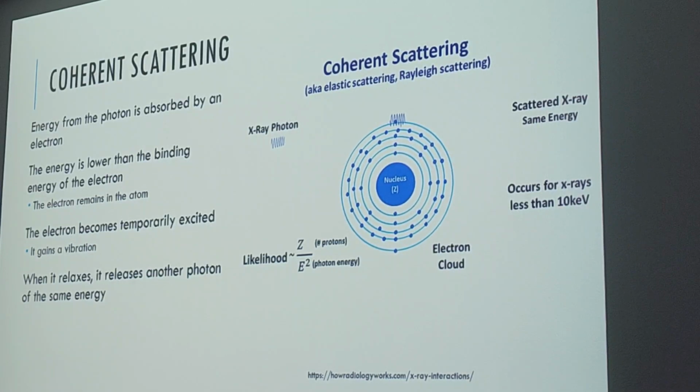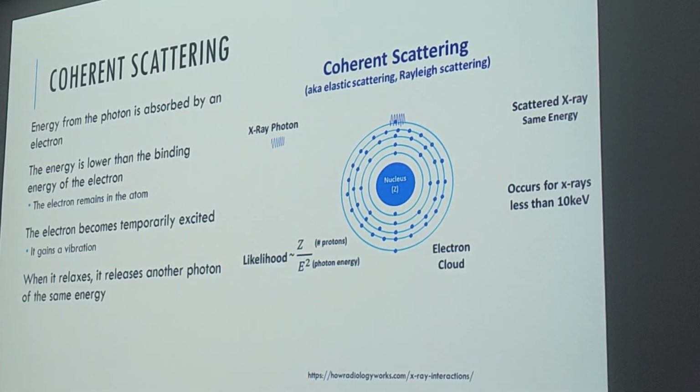But it excites the electron, and once the electron relaxes, it releases a photon of the same energy that it received in the first place. And that is why coherent scattering involves no loss of energy.